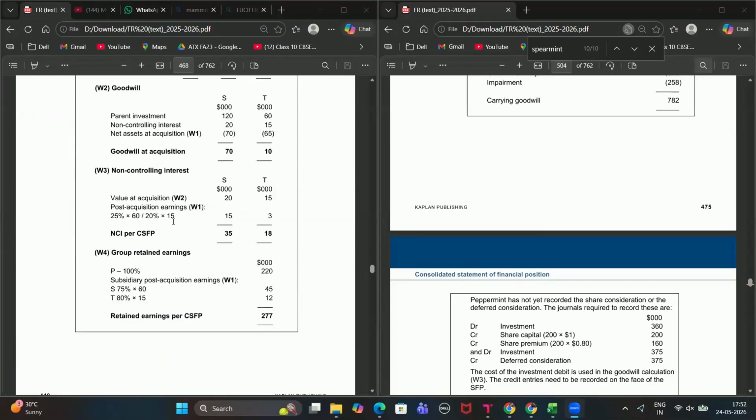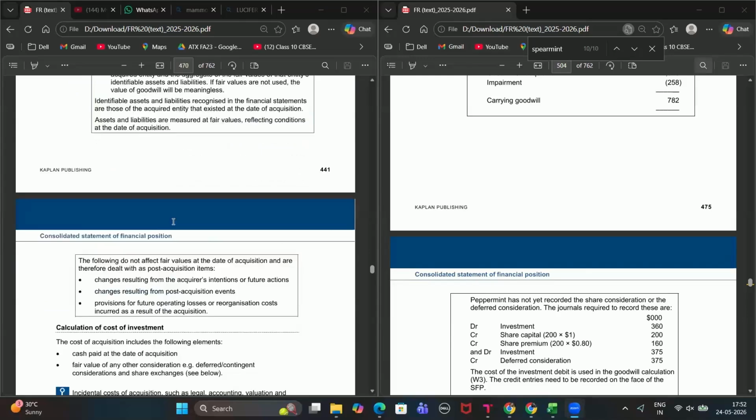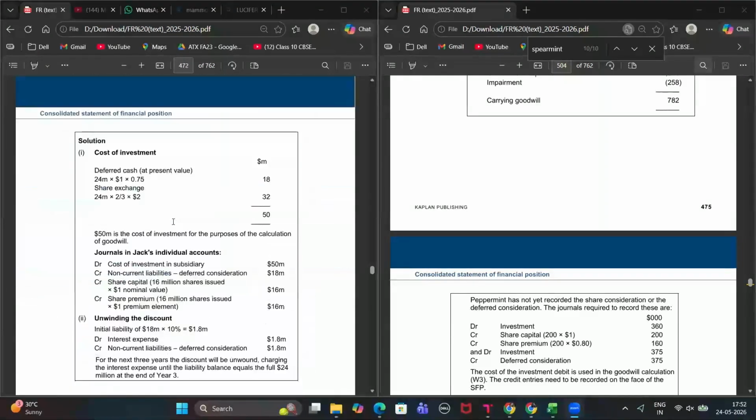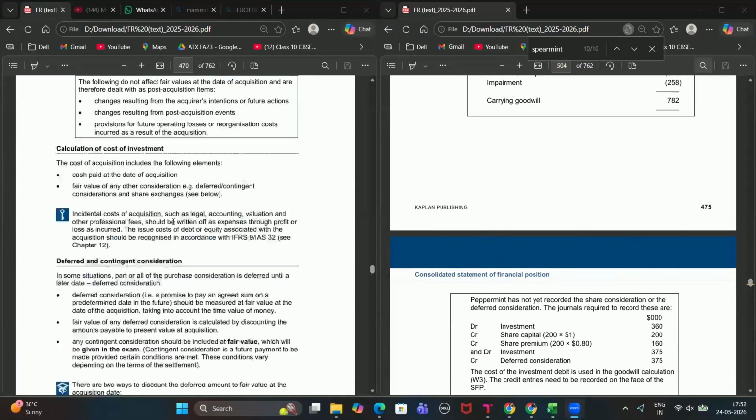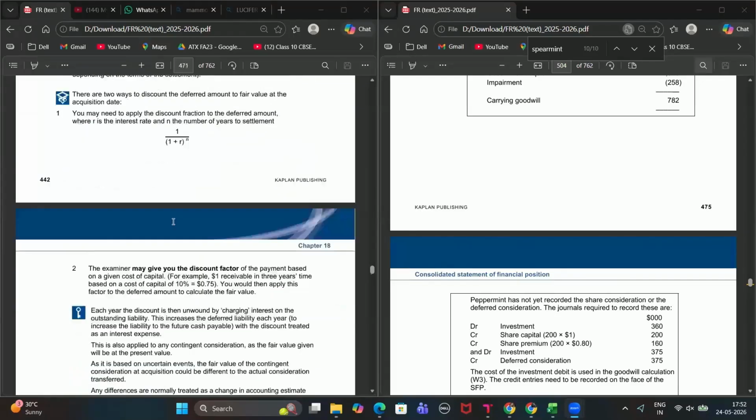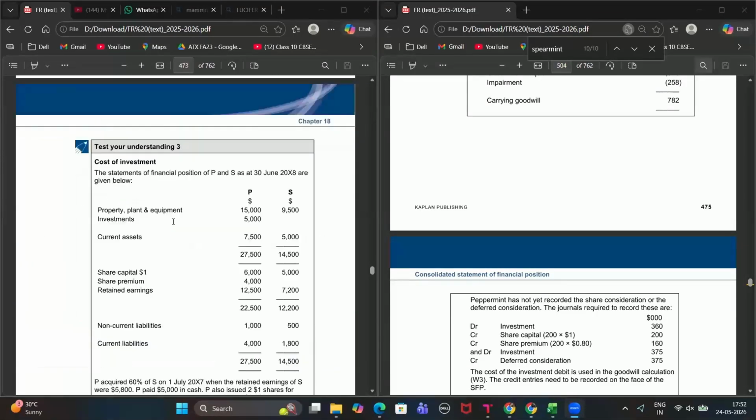We'll be working out Peppermint and Spearmint. I don't know if you guys have worked it out. We'll be working out Peppermint and Spearmint.